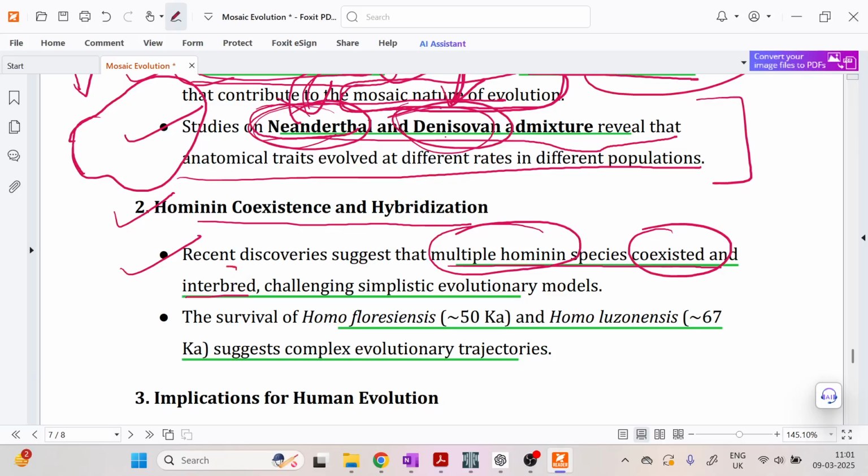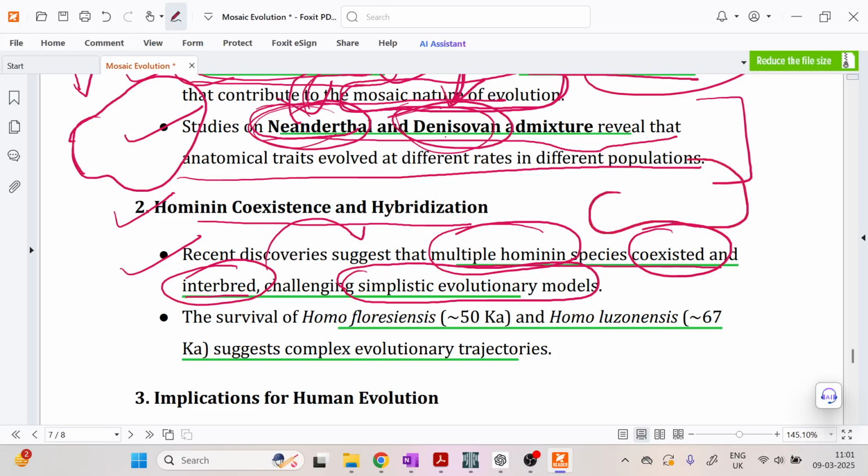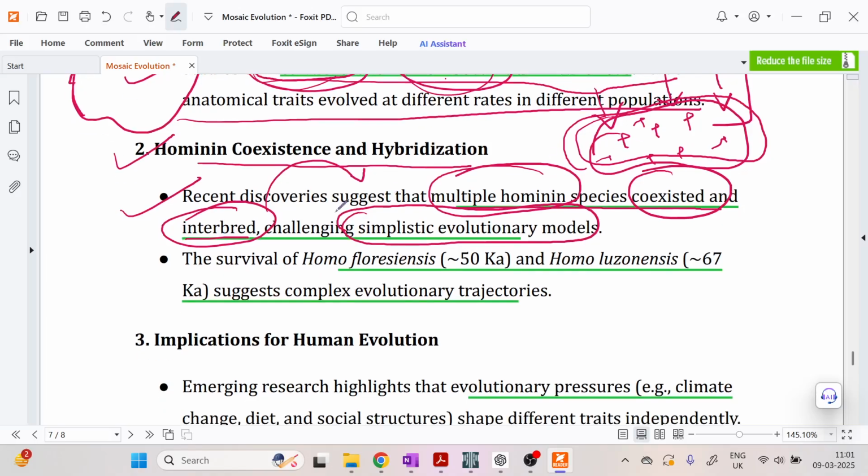existed side by side and interbred with one another, and this challenged simplistic evolutionary models, because अब हमें पता चला है कि yes, the modern stock है Homo sapiens का, उसका जो भी genetic composition है, the genotype है या gene pool है, उसके different constituent characteristic हैं, how we came to derive them.